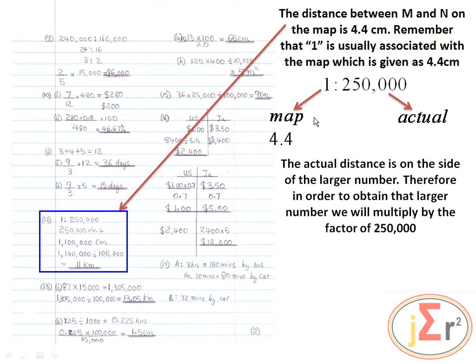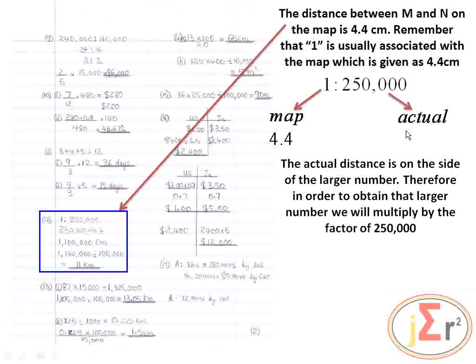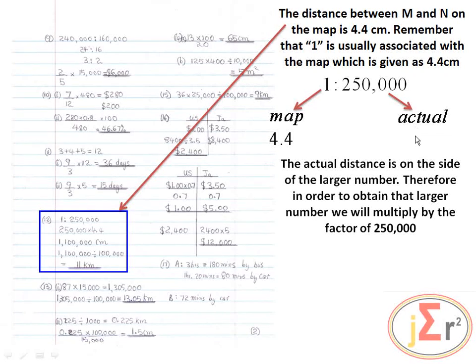Well, if we are moving from the map to the actual, the number that we are about to get has to be larger. So we have 1, which is a small number, and 250,000, which is a large number. So when we do the calculation, the actual figure has to be larger.